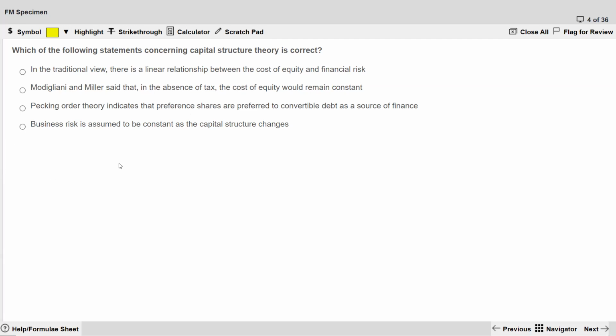No, the last one is incorrect. Business risk is assumed to be constant as the capital structure changes. No, that's practically not possible, Punit Mishra, that the market is not efficient at all. That's practically not possible.